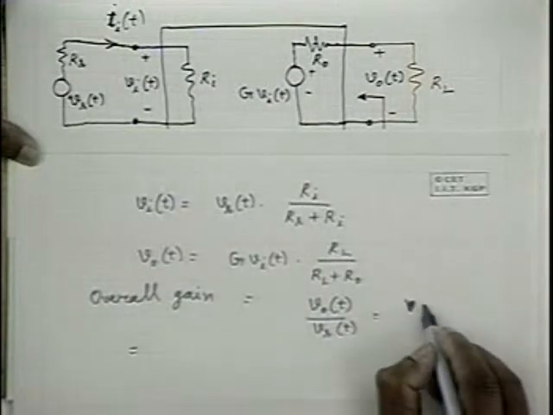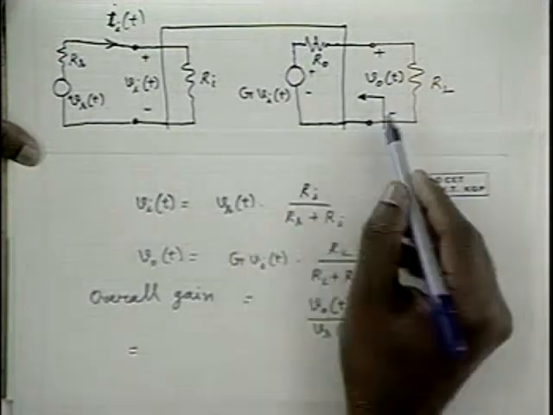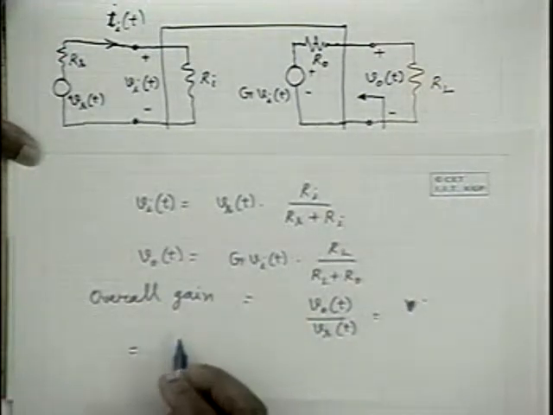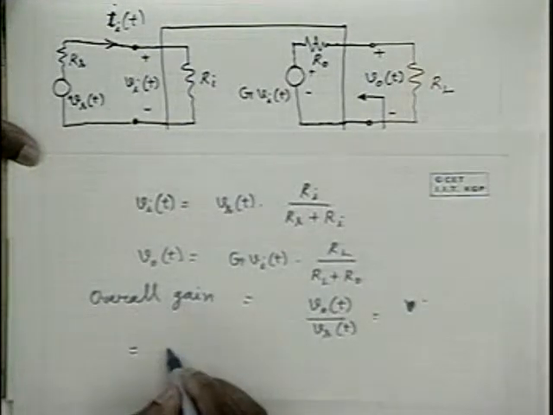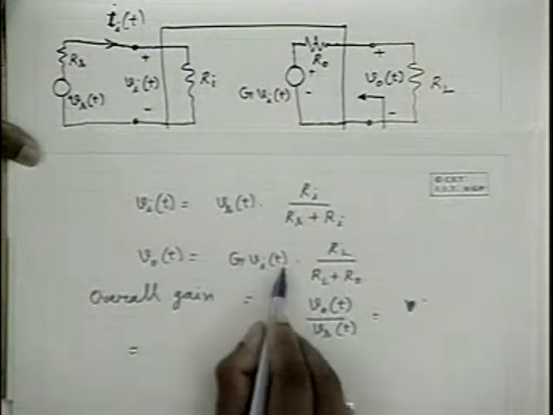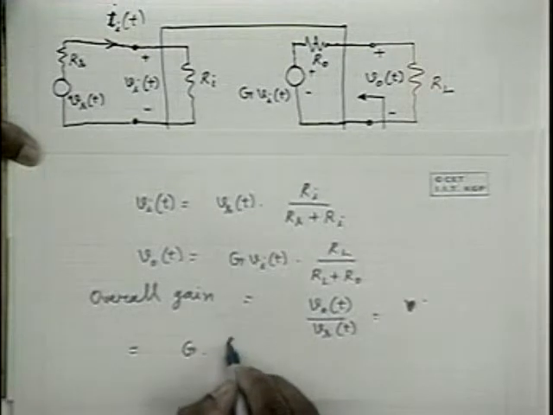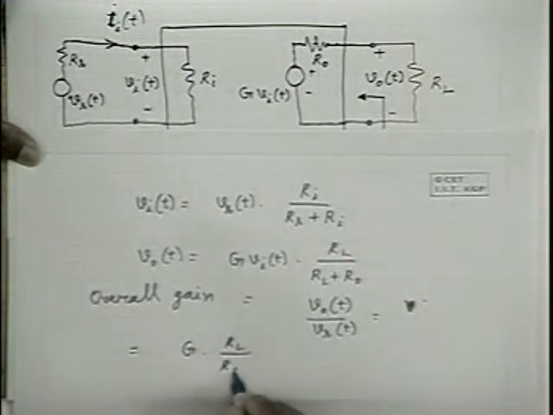VOT is G VIT into RL by RL plus R naught.